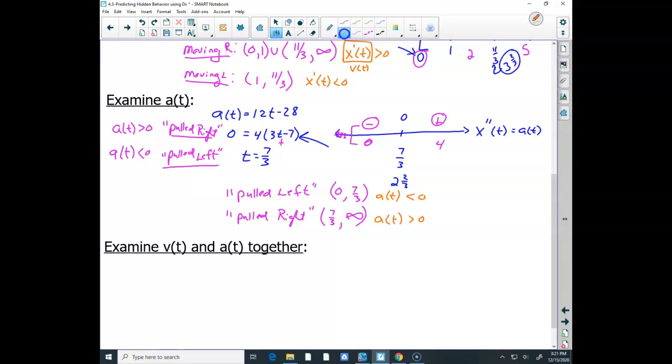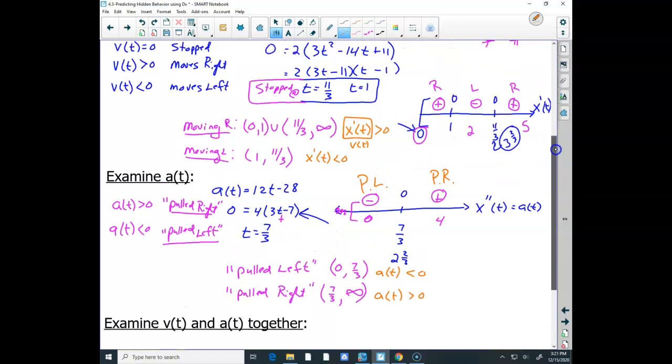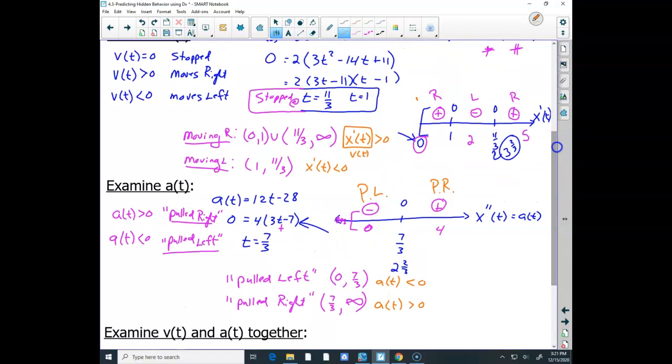And what I want to do here for the final thing is this: pulled left, pulled right, that's Kruger shorthand. Moving right, moving left, moving right. But that's really not there because I'm just doing it over here, some shorthand.